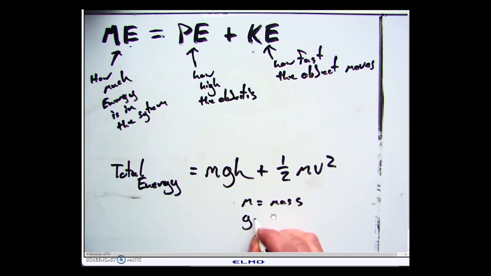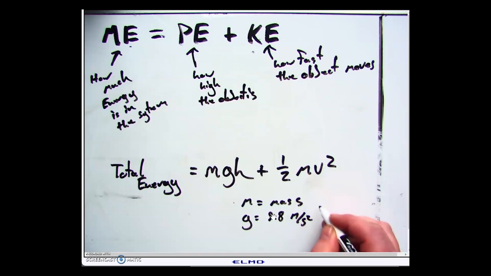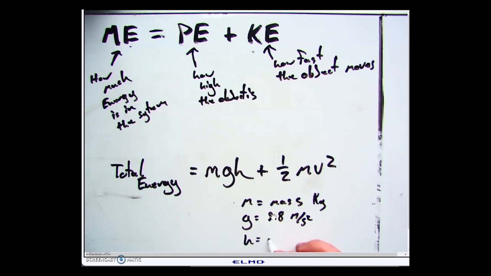mass, g is equal to 9.8 meters per second squared. I guess our mass is in kilograms, okay? H is equal to height in meters, okay?